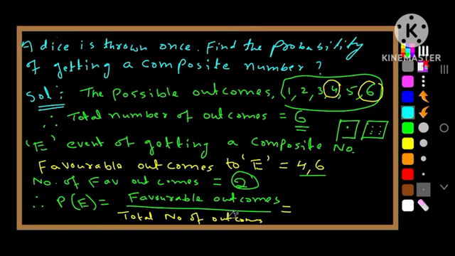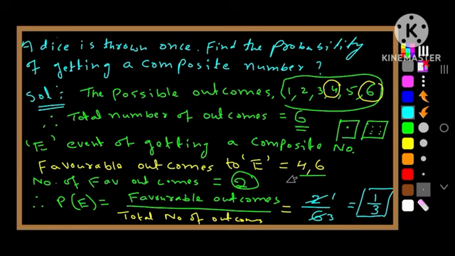Here, how many favorable outcomes are there? 2, upon total number of outcomes, 6. The answer is 1 by 3.